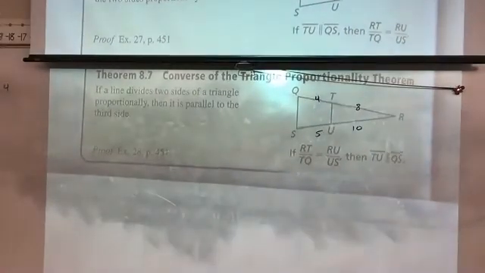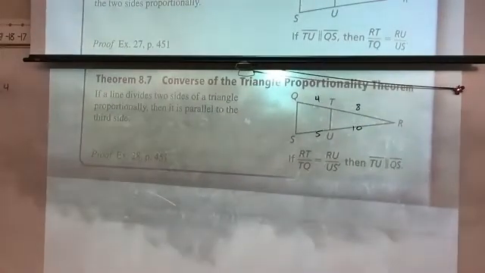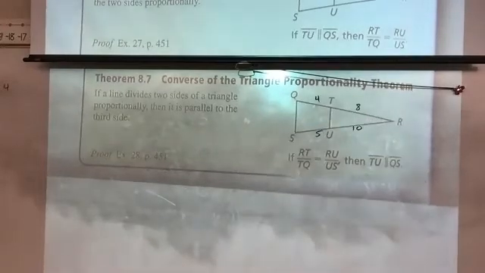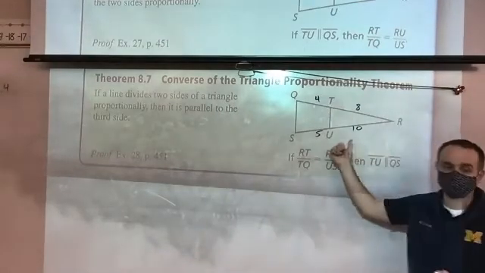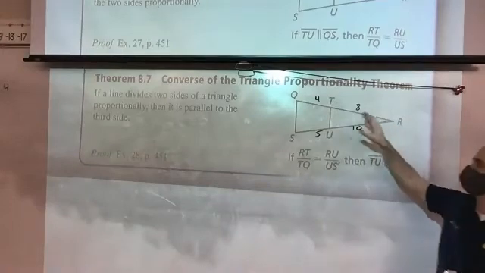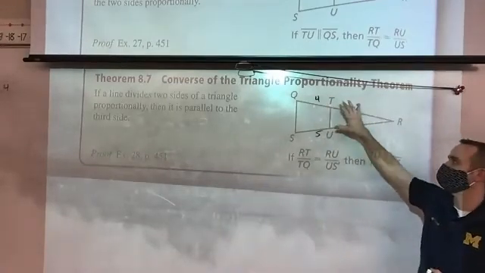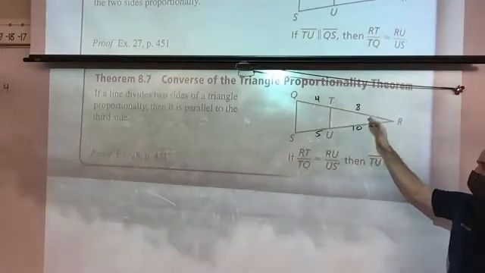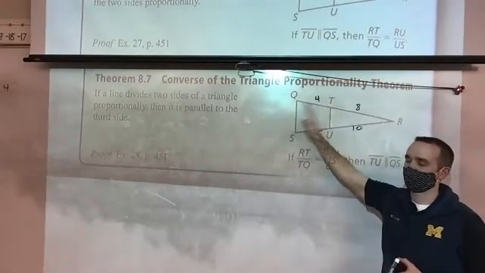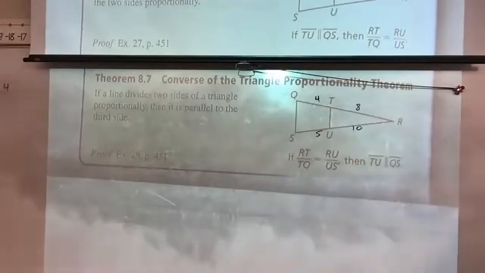So now our second one is the converse of that. Now we don't know that it's parallel, but we know that it's proportional. And if they give us enough information to show that these sides are proportional, then we can say this has to be parallel. So it's just going the other way on it.